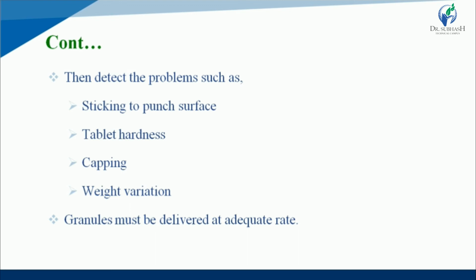If moisture is high, a sticking problem occurs. And the last one is weight variation. So all the problems are identified by using compression characteristic evaluation. So find out the remedies and give their solution.